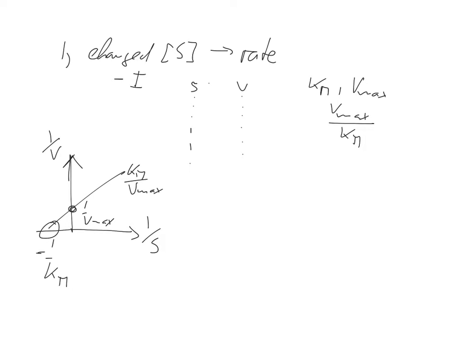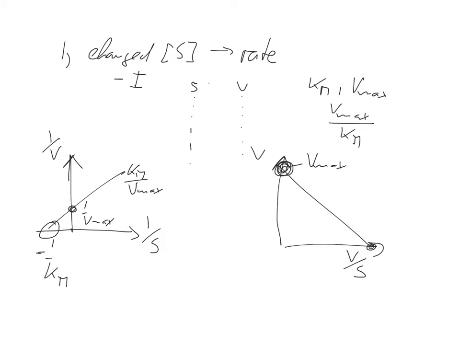Or you can also do an Eadie-Hofstee plot, which I prefer. So on an Eadie-Hofstee plot you have here V, and on the x-axis you plot V over S, which you easily calculate here. And what you get is something like that. So this point here gives you Vmax.